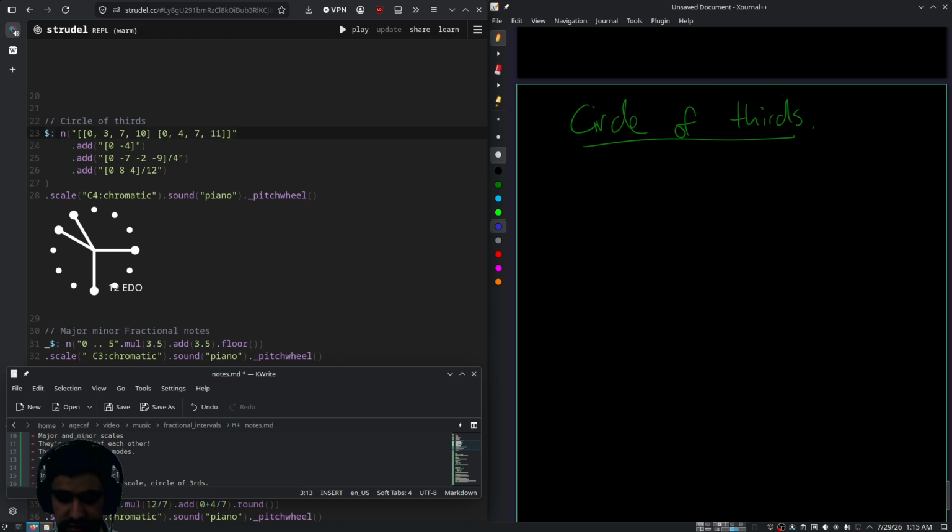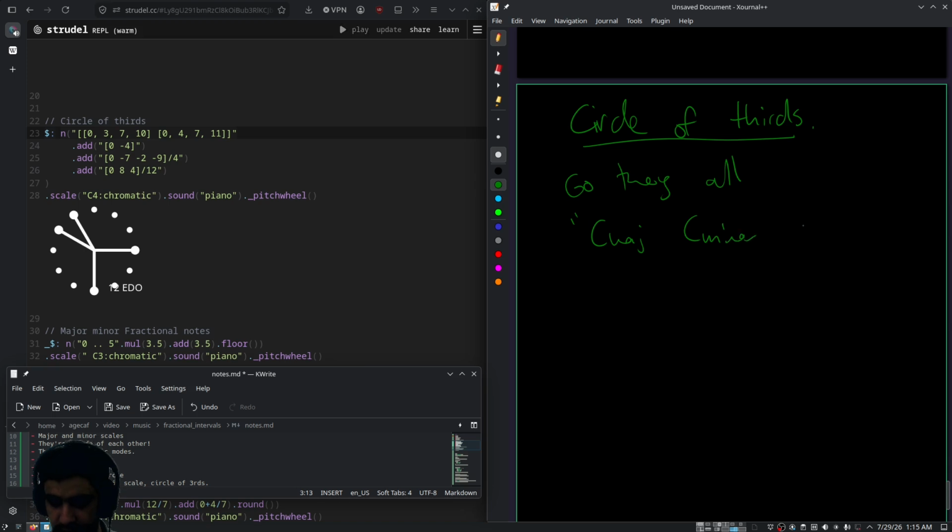And so the circle of thirds is going to go through C major, C minor, C sharp, sorry, probably in the other direction, C minor, C major, C sharp minor, C sharp major, and so on.